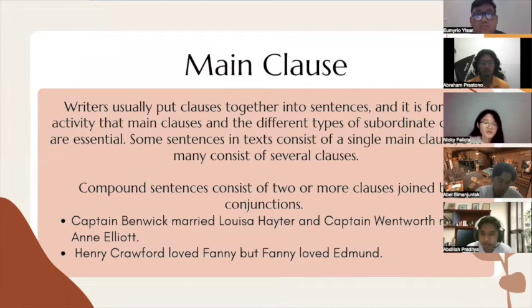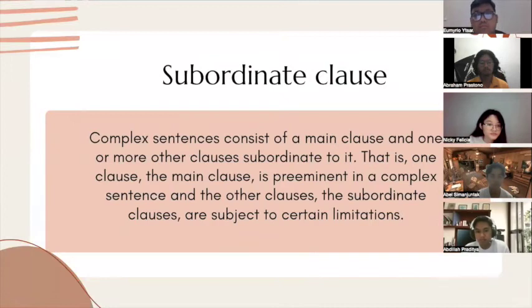So, in the first example, the clauses Captain Benwick married Louisa Hayter and Captain Wentworth married Anne Elliot are conjoined by and. And in the second example, the clauses Henry Crawford loved Fanny and Fanny loved Edmund are conjoined by but.